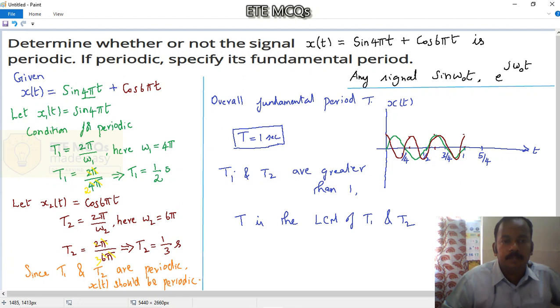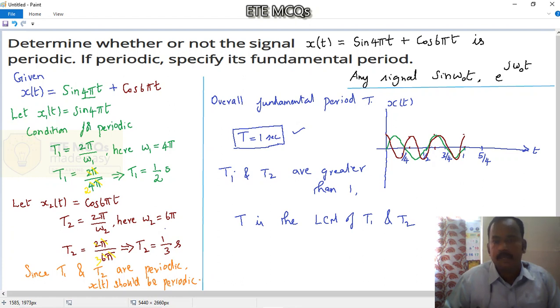Since it is 1 by 2 and 1 by 3, the overall fundamental period is 1. Whereas when t1 and t2 are greater than 1, the overall fundamental period is the LCM of t1 and t2. For example, if t1 is 3 and t2 is 5, the overall fundamental period will be 15. But you cannot take LCM in this case, with 1 by 2 and 1 by 3.